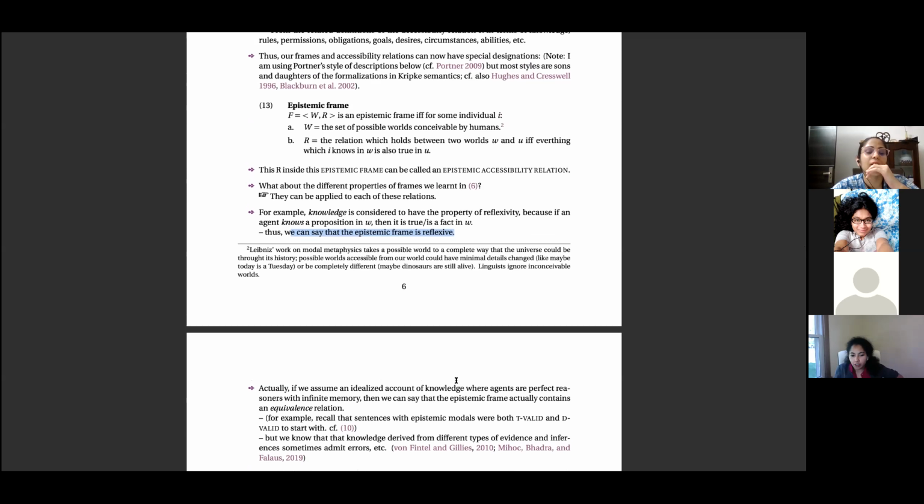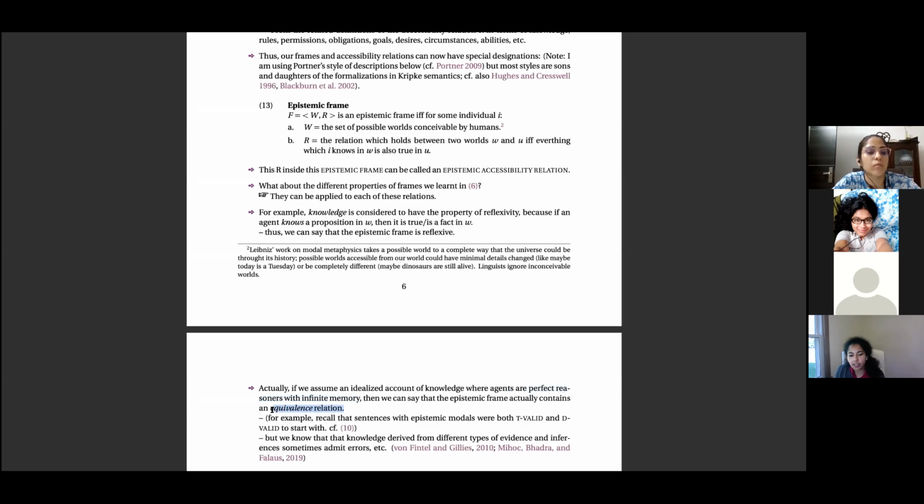This is what I was saying earlier. If you assume an idealized account of knowledge where agents are perfect reasoners with infinite memory. Yes, we are all like that. We are perfectly reasonable with infinite memory capacity. Well, we are not like that; that's not how human beings usually work. But in modal logic, I'm not going to look at human beings and their language. I'm just going to look at idealized notions.